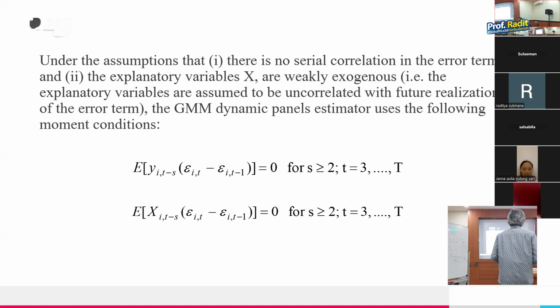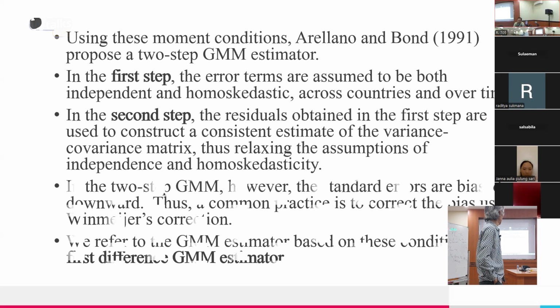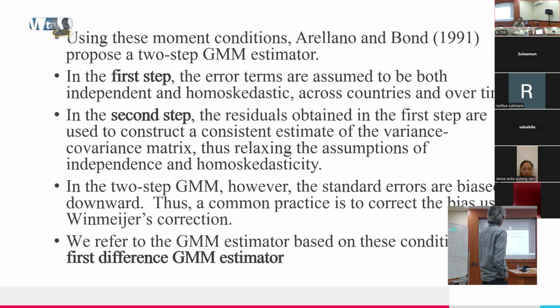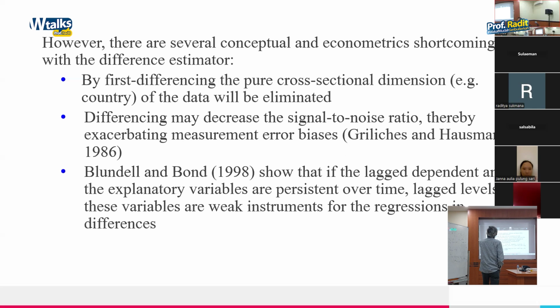Once you have weak instruments, you violate the conditions of instrumental variables. What would happen? Again, your result may have problems. Right? Next one, we have gone through first step and second step. Next one, next.